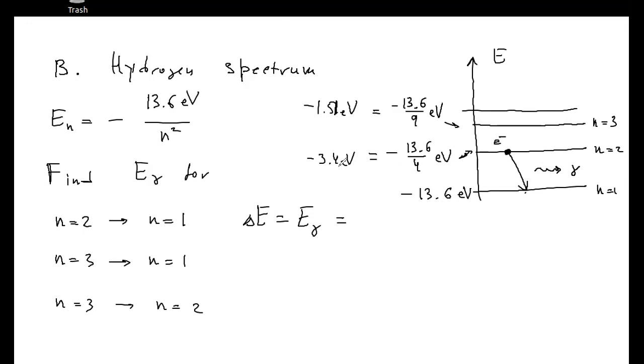I would just say maybe positive 10.2 because this is what the electron is going to lose, but the photon is going to gain. Let me write it. Initial energy of the electron will go to final energy of the electron plus photon.